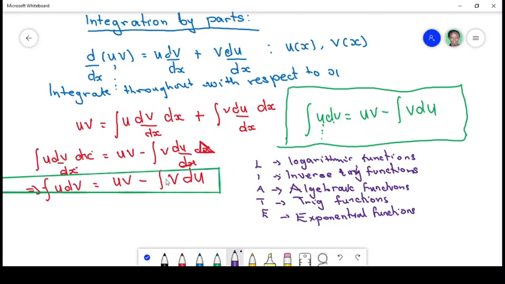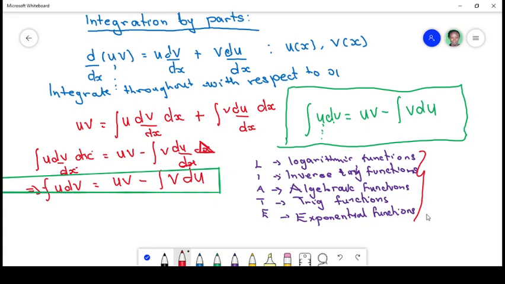So anytime I have a product of two functions and I want to integrate, I can always choose u to be the function that comes first in this list. This is the list I want to use. So the function that comes first in this list, I can choose to be u.